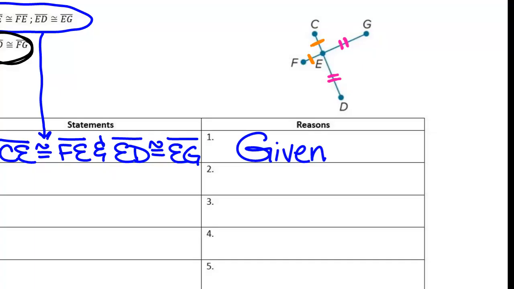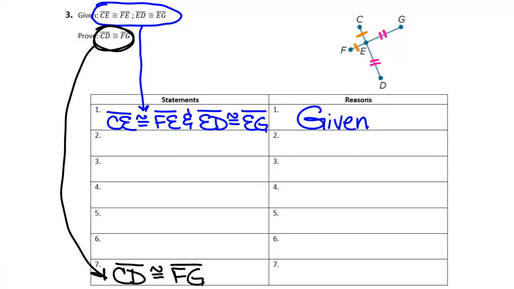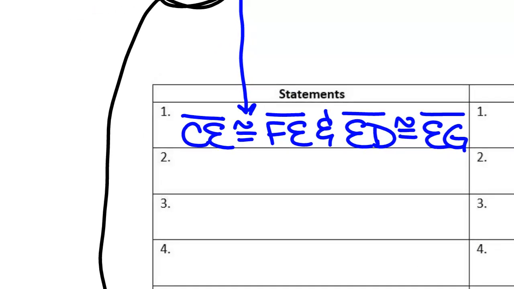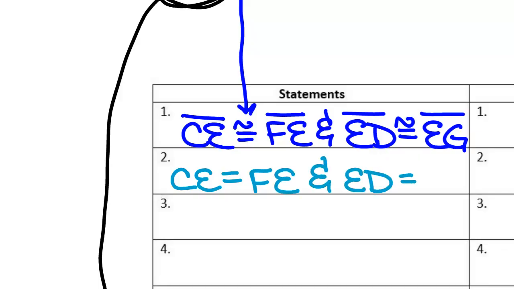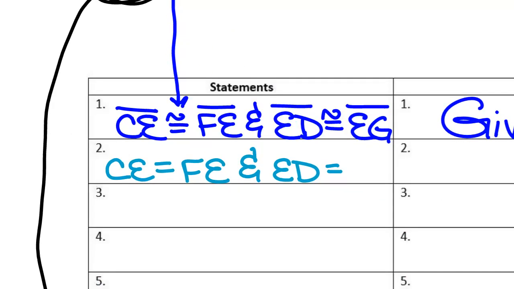What operation am I going to have to use if I'm putting things together? I'm going to have to use addition. Can I use addition with congruent signs? No. So we're going to have to rewrite statement 1, but with equal signs instead of congruent signs. So the length of segment CE is equal to the length of segment FE, and the length of segment ED is equal to the length of segment EG.